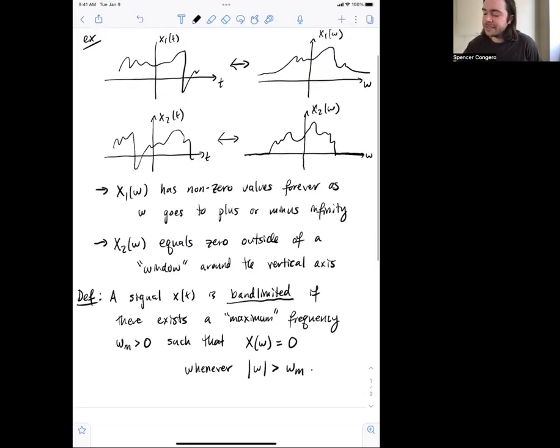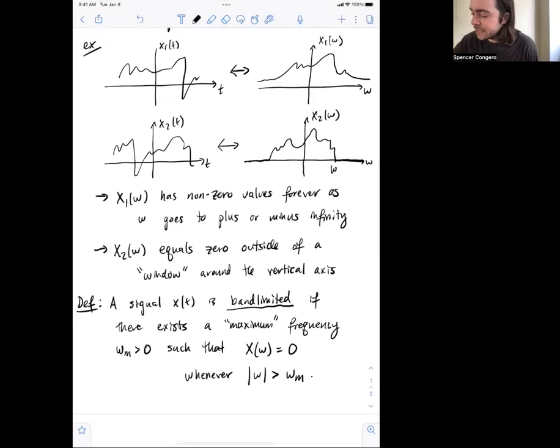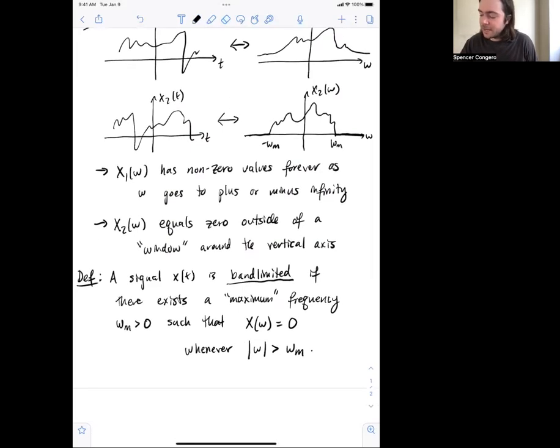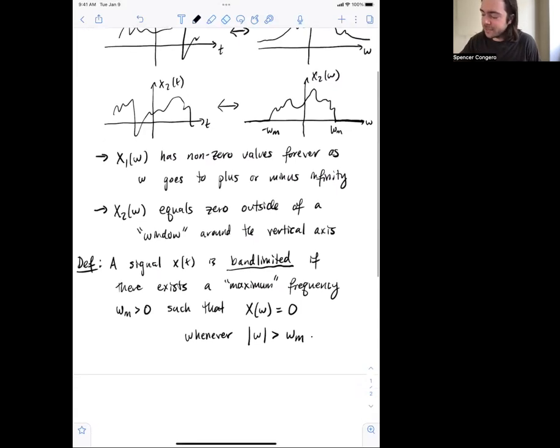All this is saying is there exists a maximum frequency, and I'll label it in my picture. Let's say that is my omega sub m, so that the function equals 0 whenever omega is greater than omega max in absolute value. What does that mean? Well, that just means whenever omega is a lot bigger than omega max, or whenever omega is a lot smaller than negative omega max, right? That's all that absolute value is doing.